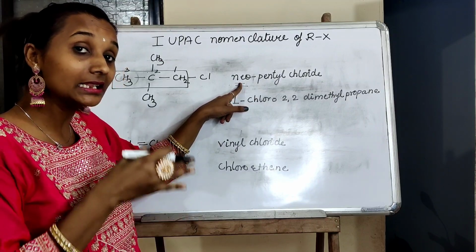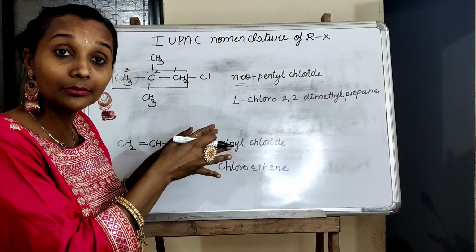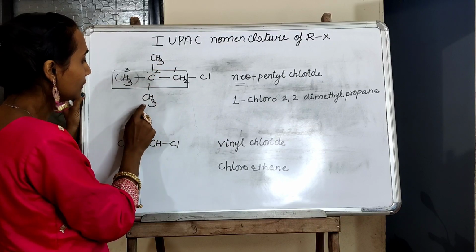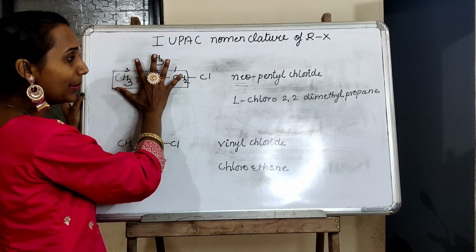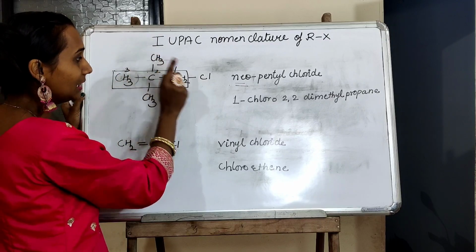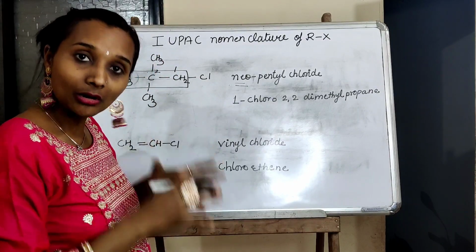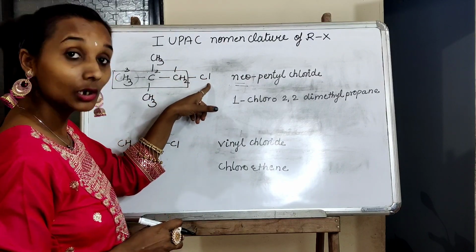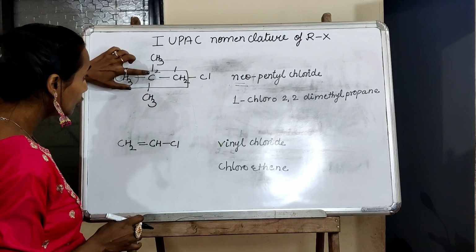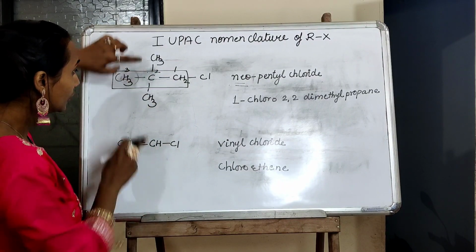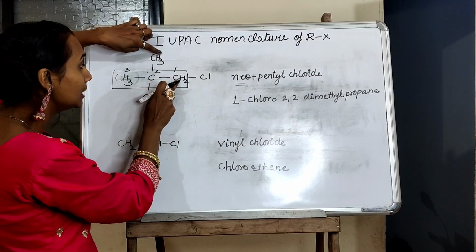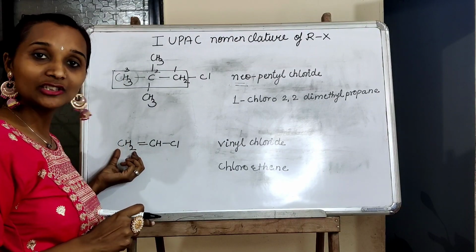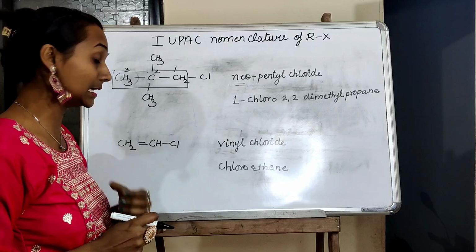And as we are writing the common name, where we count all the carbon atoms, so 1, 2, 3, 4, 5, neopentyl chloride. So this is the common name. Let us talk about its IUPAC name. So it will be 1-chloro-2,2-dimethylpropane.